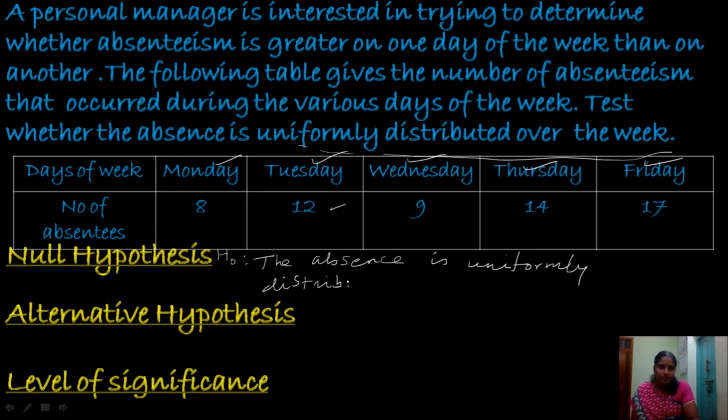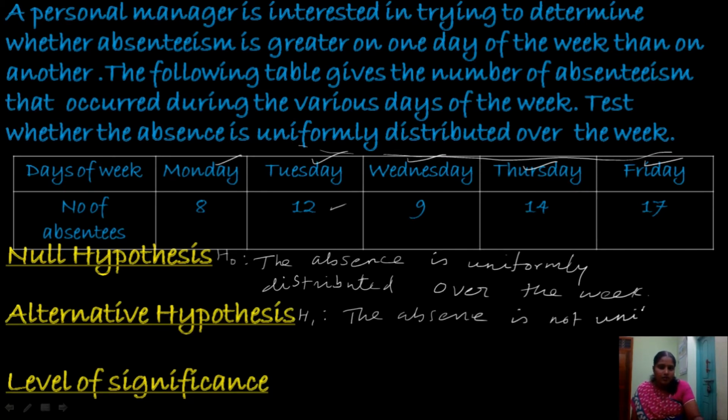Whereas the alternative hypothesis, denoted as H1, is that the absence is not uniformly distributed over the week.